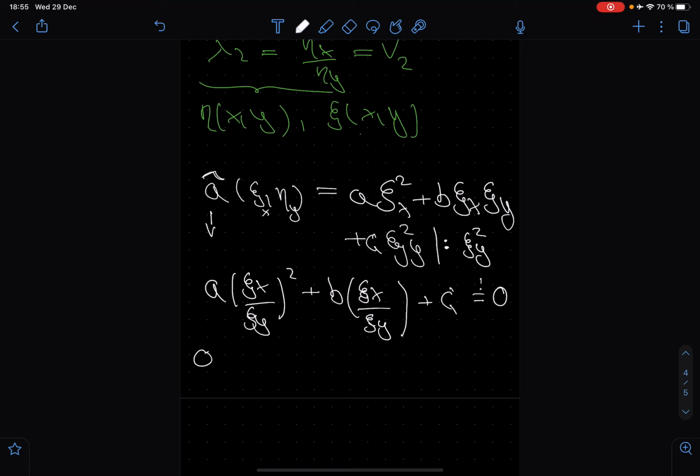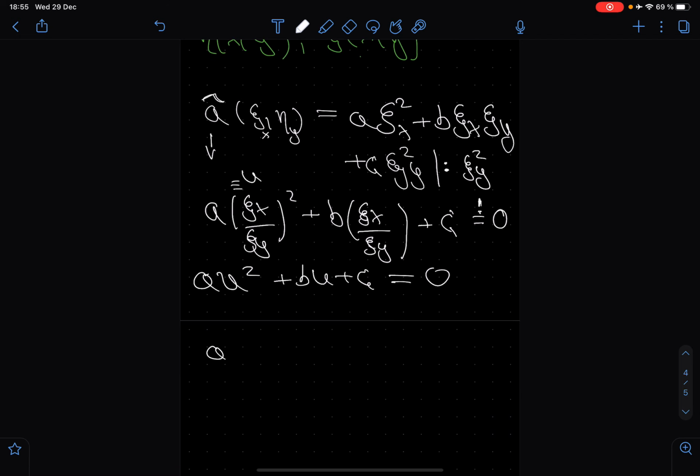So that means we will just have to solve a function. Let us name this term u, and then we will solve a u squared plus b u plus c, which is actually school math.